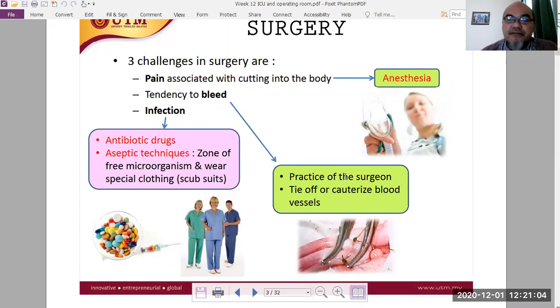This is the practice of the surgeon, to tie off or cauterize the blood vessel to close the wound. And the third challenge is infection during the surgery. To suppress infection, you need to use antibiotic drugs or aseptic techniques, a zone free of microorganisms, and wear special clothing, what we call APD, alat pelindung diri, but this is special surgical clothing.